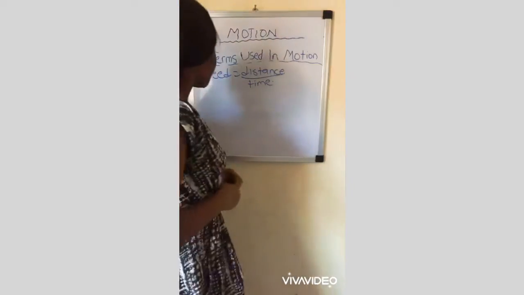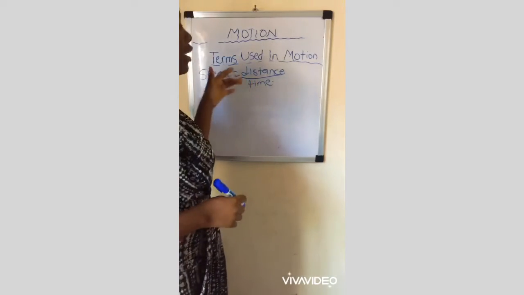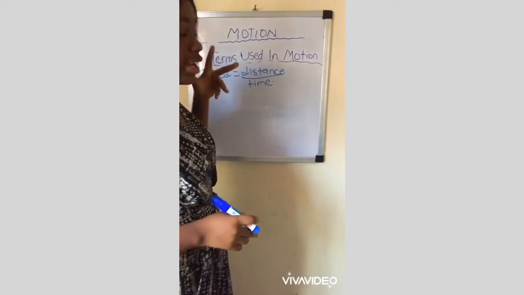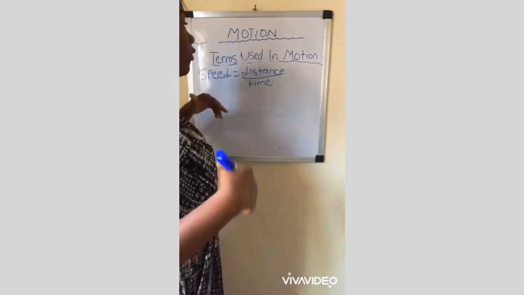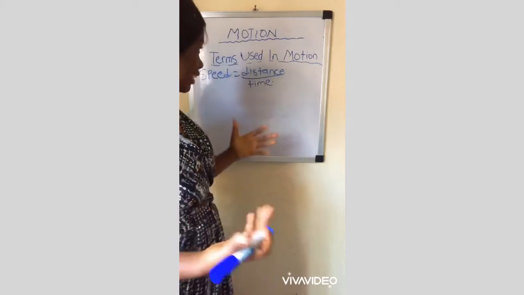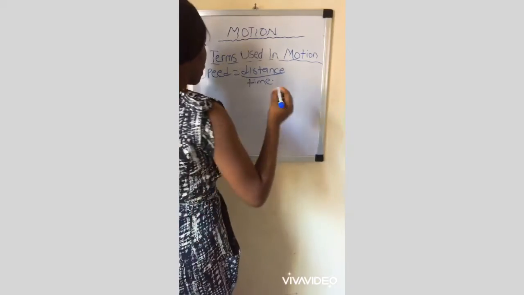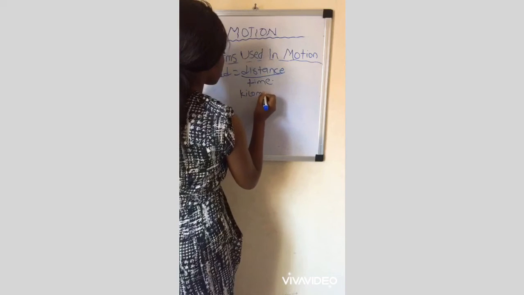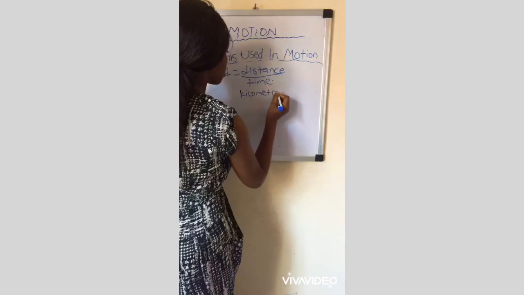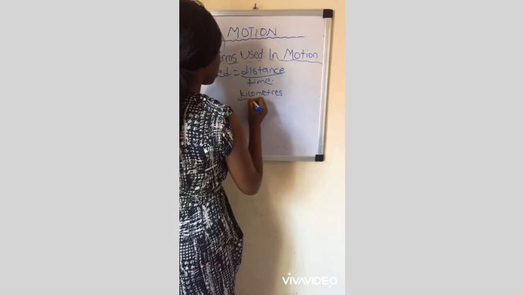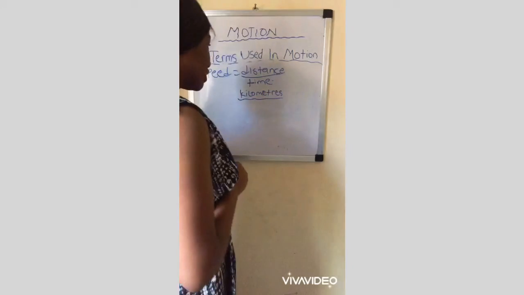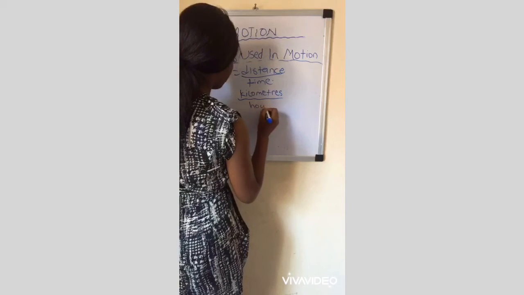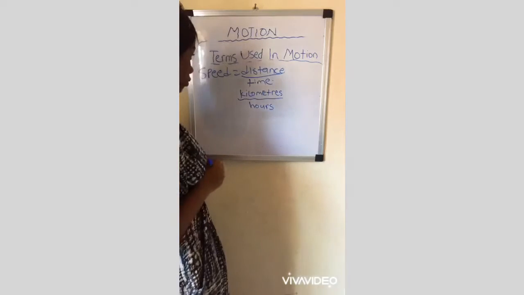Now, apart from meters, another unit of distance is kilometers. And another unit of time is hours.